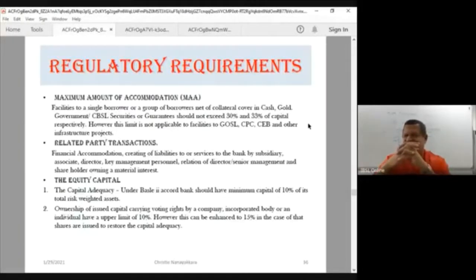I said it needs to be within the single borrow limit. Now, single borrow limit is based on your equity, the bank's equity. I told you our balance sheet consists of current assets plus fixed assets, which give you the total assets.